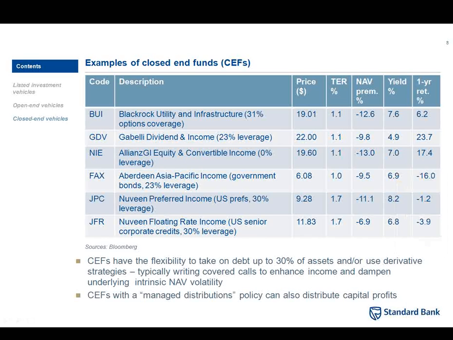So here's a few examples of closed-end funds. Try to give you a wide variety. So here's one that you can compare to the utility and infrastructure that we showed in the ETFs, the BlackRock one, a lower one-year return. So this 31% options coverage that they've used, I suppose, has capped the upside in a good rising year.